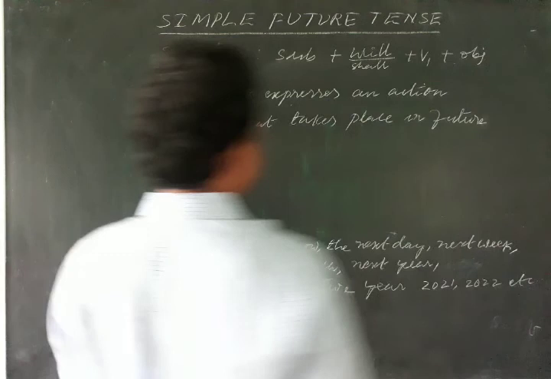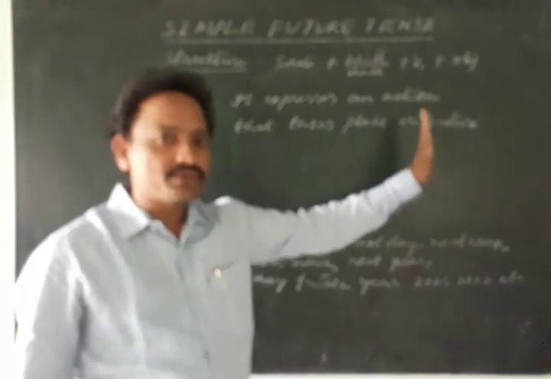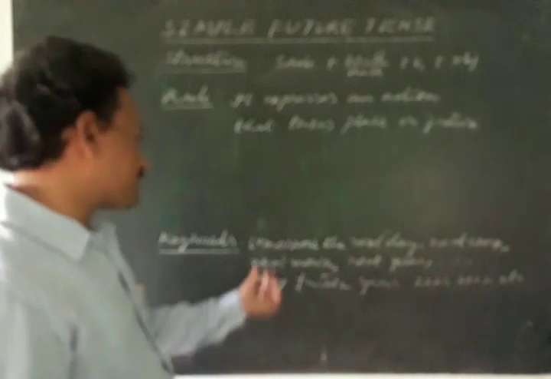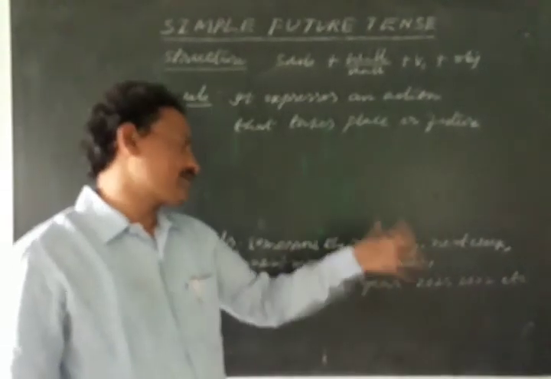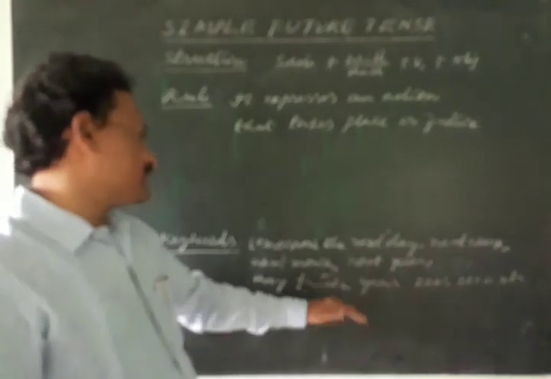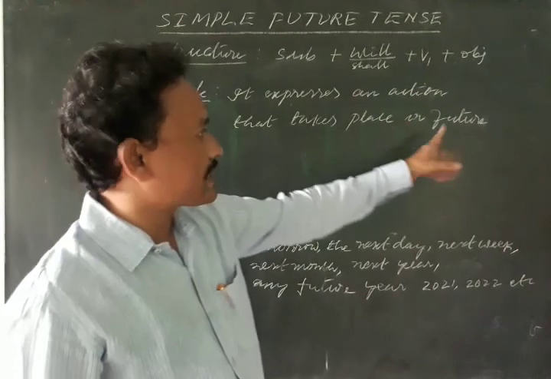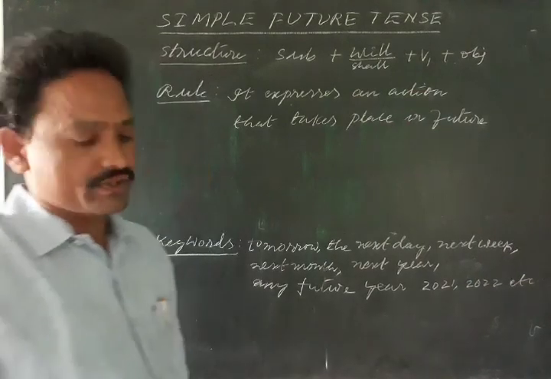Is the rule clear? It expresses an action that takes place in future. Here, in future, what is the time? Tomorrow, the next day, next week, next year, next month, any future year. These are all indicating a future action that takes place.